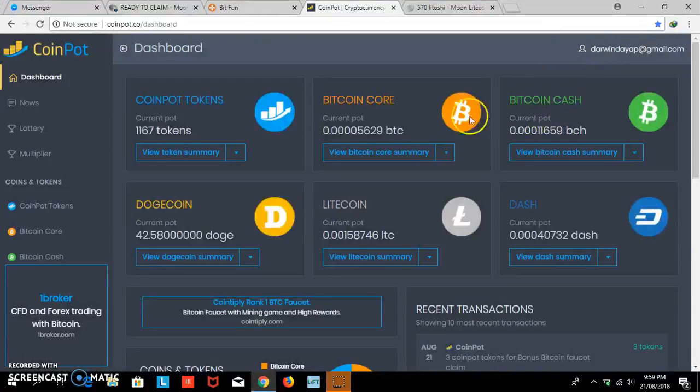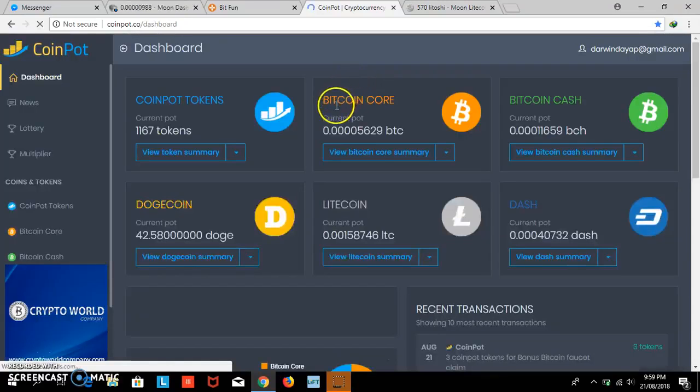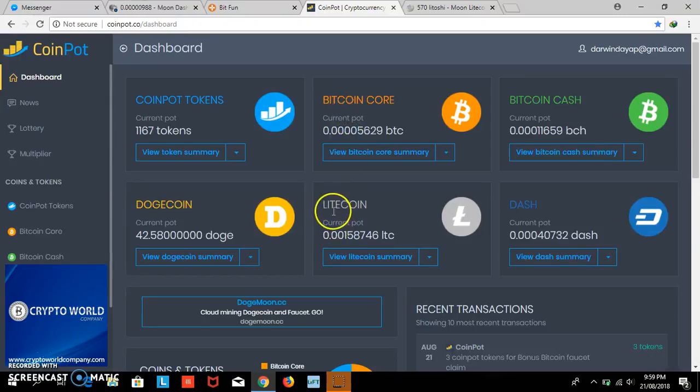Let's go to my account and refresh. So let's try to claim our reward in Litecoin, Bitcoin and the Moondash. Where is the Moondash? I think this is the Moondash.